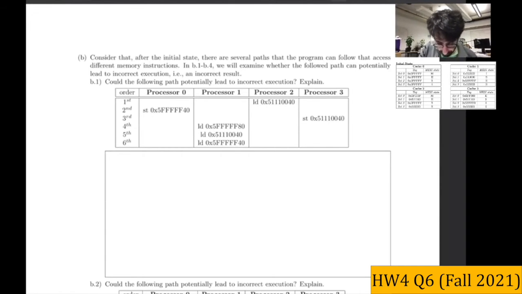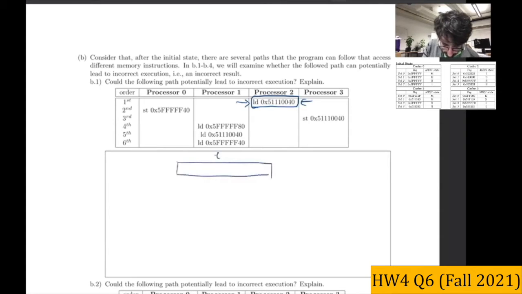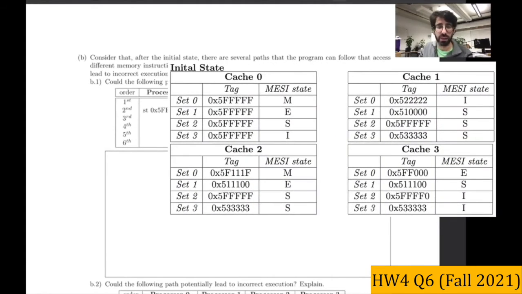So let's start with the first instruction. The first instruction is executed in processor 2. First we have our tag that is 24 bits, as we can see here.